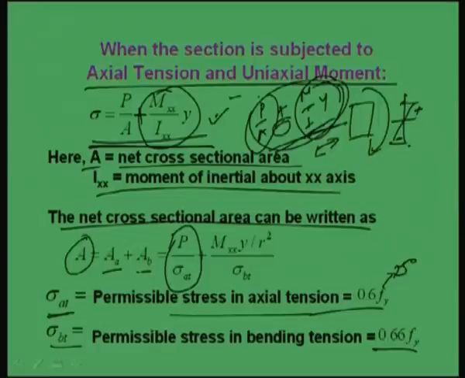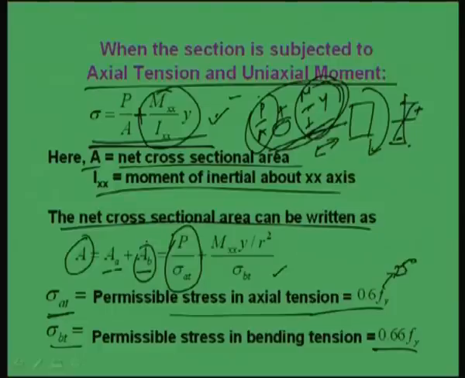So AA is P by sigma AT, and AB, the area due to bending moment, can be written as Mxx y by r square by sigma BT, right. This will be the area required for the moment.